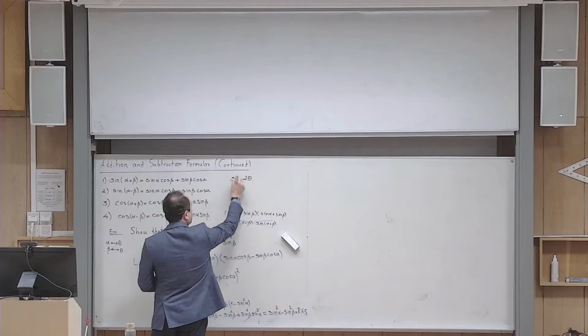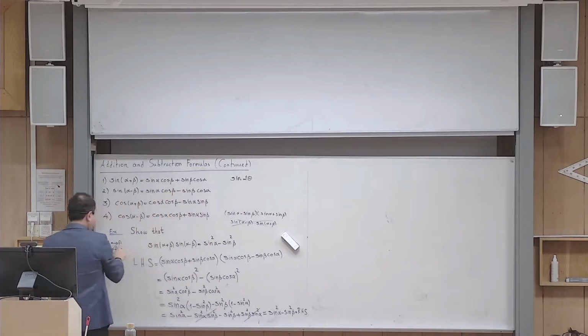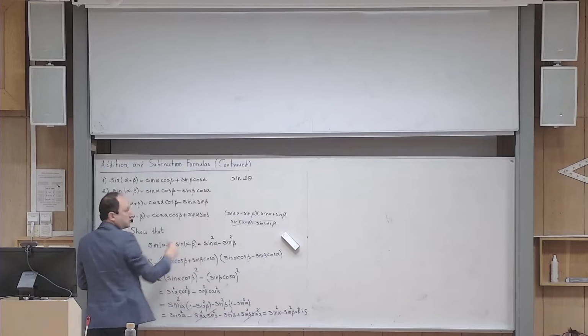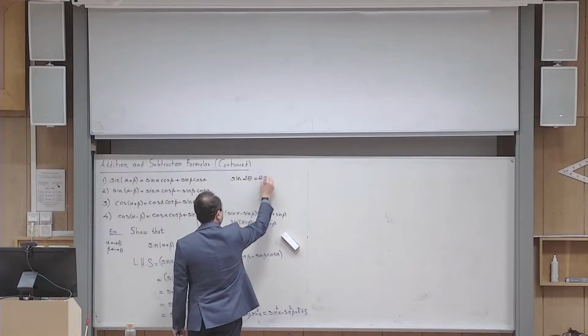And then you take sine. And then instead of alpha and beta, you just put theta and theta. So it becomes sine theta, cosine theta, sine theta, cosine theta. So if you add them, it becomes 2 sine theta, cosine theta.